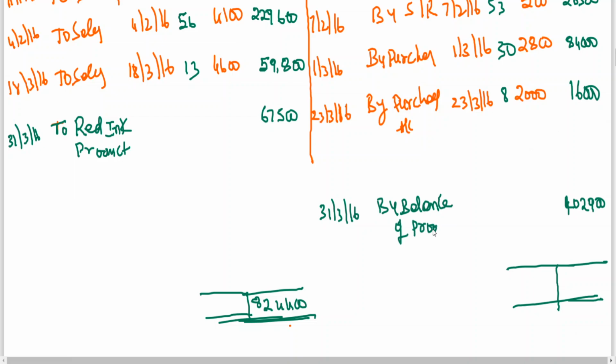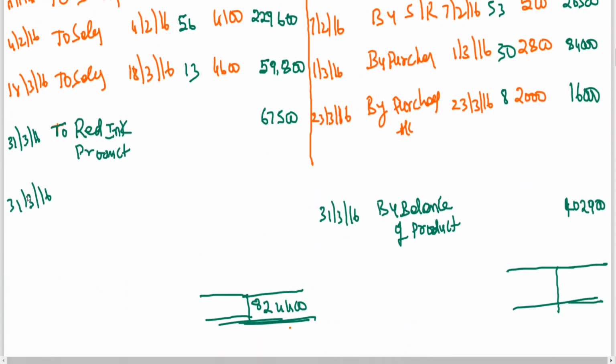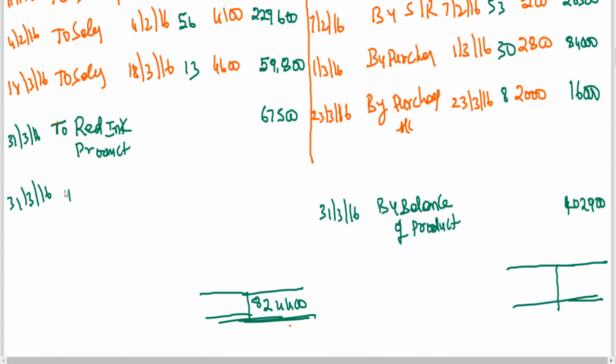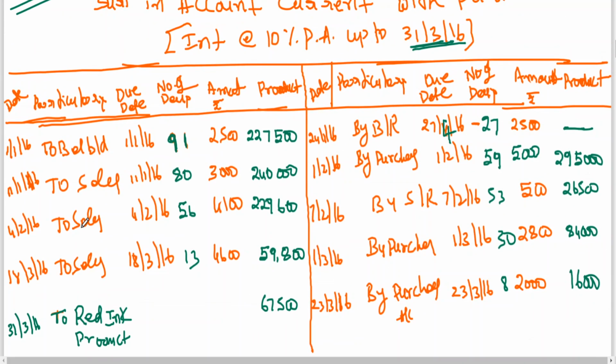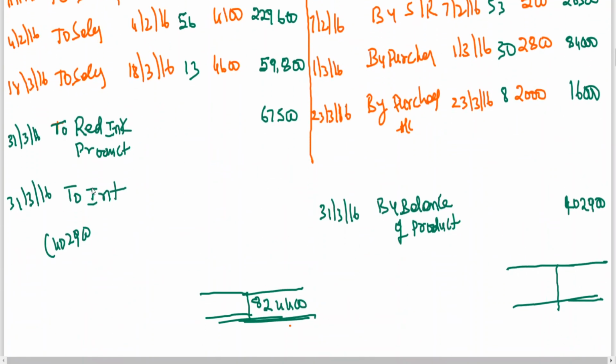And I have already told you, you should write interest on the side where product is showing more. Which side is product showing more? Debit side. 31st March 16, to interest. Rate of interest we have written in the beginning, 10%.